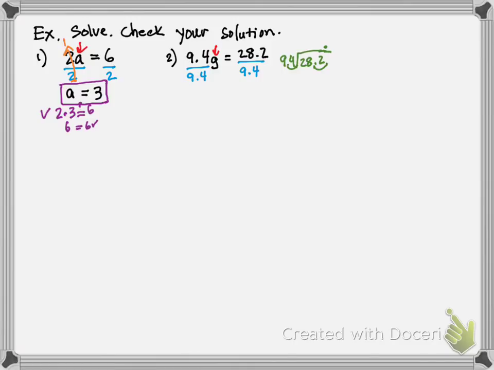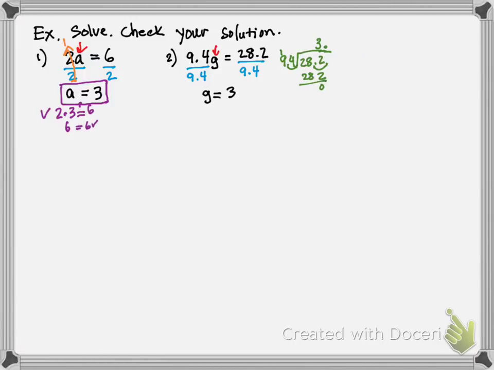Let me think about this. If I did 3, we could be at 27. I think that's the number right there. So if I guess 3 times 4 is 12, carry the 1. 3 times 9 is 27, plus 1 is 28. Bingo! We just terminated. So the answer is g equals 3.